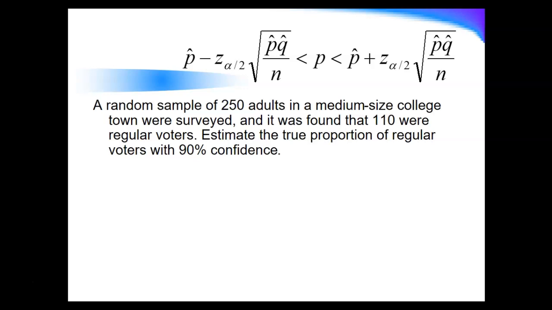Now, before I go through the formula on this example, let me show you the graphing calculator shortcut. If you have a graphing calculator, one of the functions it has built in will do this calculation for you.